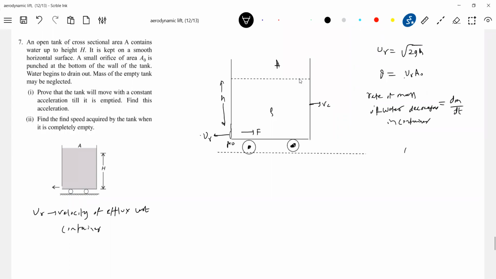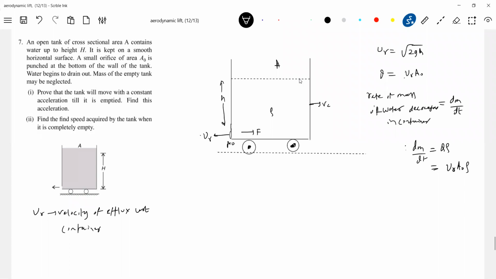So dm by dt equals Q into rho. Q is the volume of liquid emerging per second, into density, I'll get dm by dt. So Q is UR A naught, and dm by dt is UR A naught into rho. Keep this in mind.